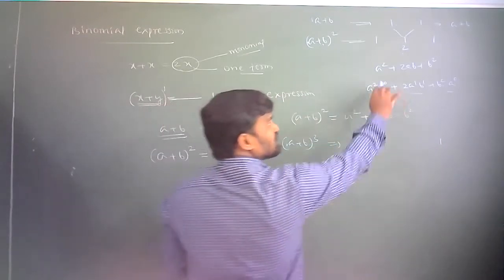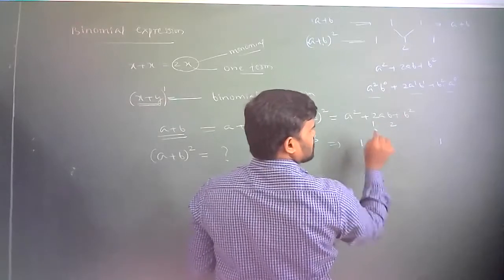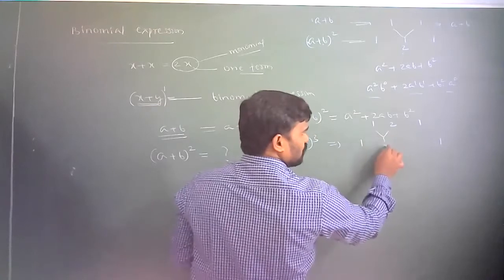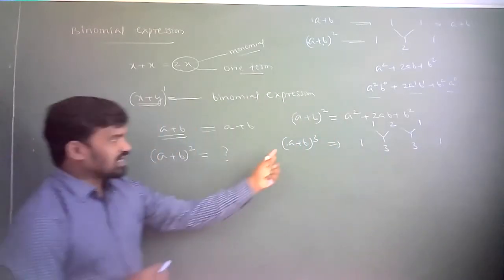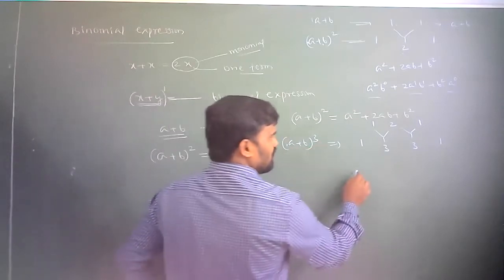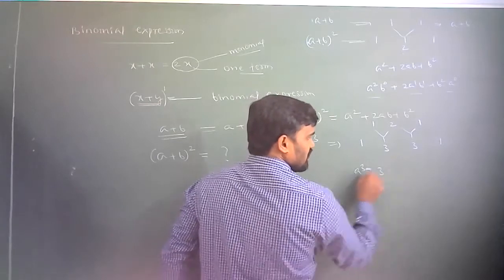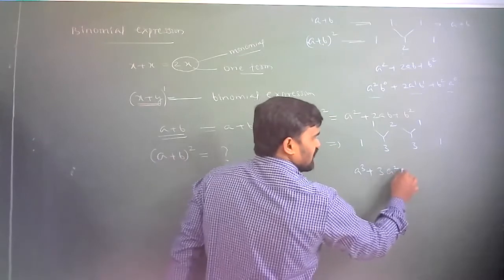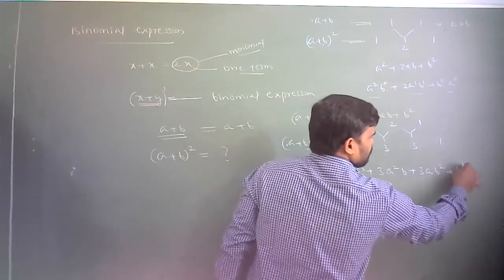In the previous expansion we got 2 in the middle, with 1 and 1 at the ends. Then 1 plus 2 is 3, and 2 plus 1 is 3. So the expansion of a plus b whole cube is a cube plus 3a square b plus 3a b square plus b cube.